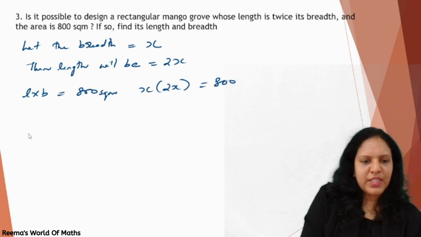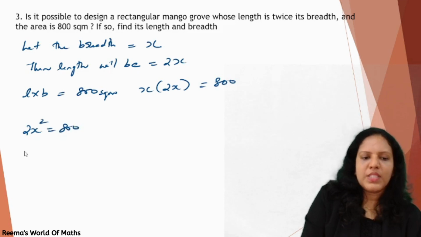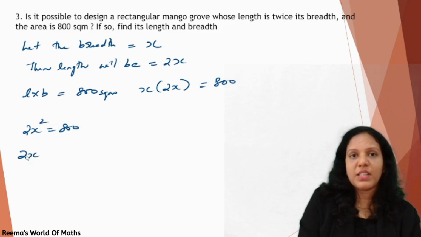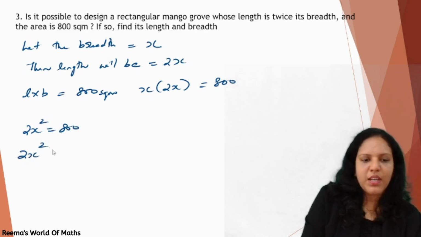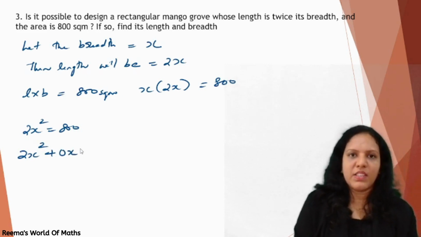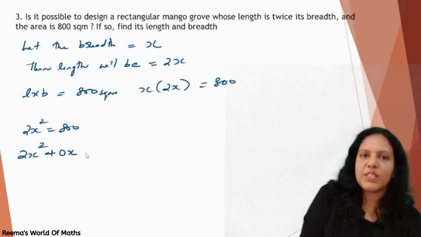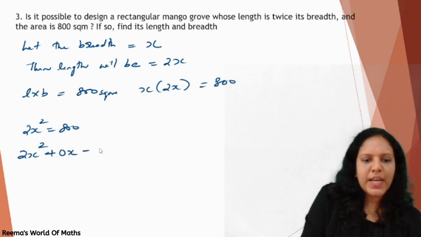Now we can write this as 2x squared equals 800. We can make this in the form of a standard quadratic equation, which is 2x squared plus 0x minus 800 equals 0, where the coefficient of x is 0.